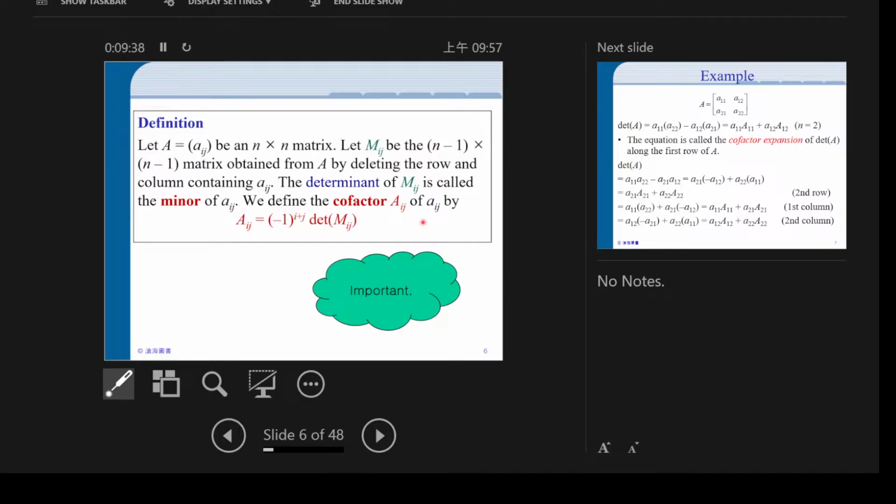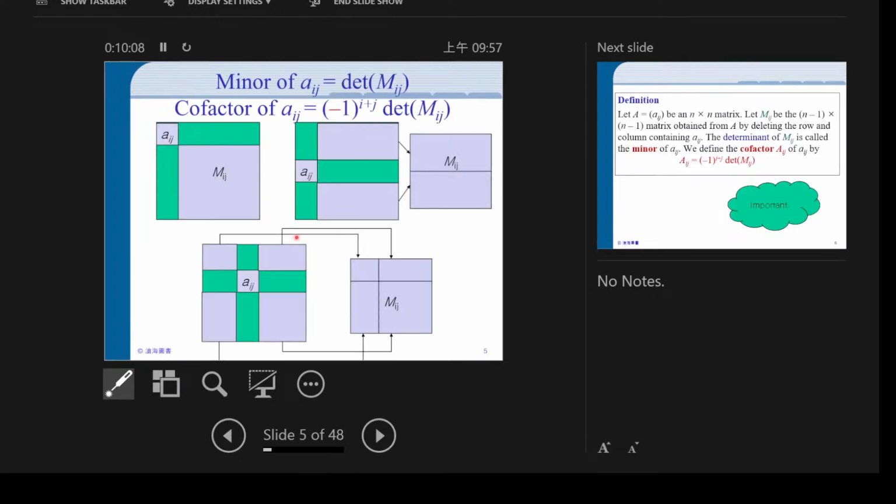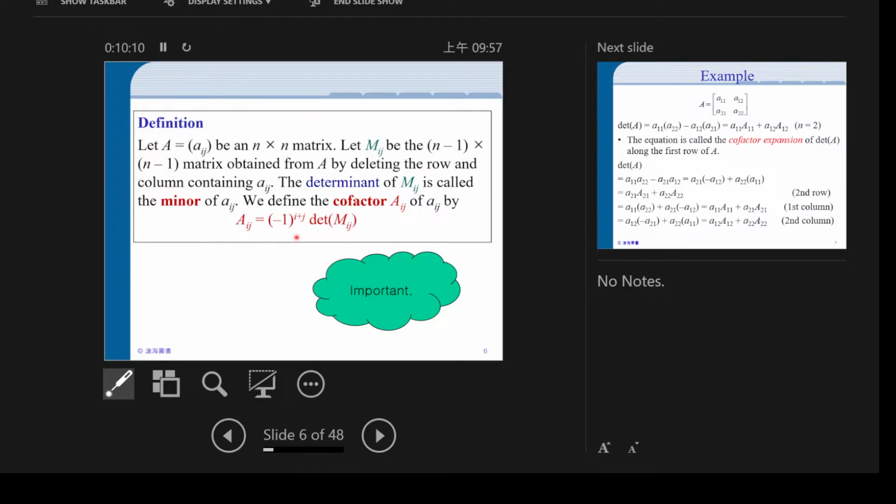And we also define the cofactor of Aij as -1 to the ij times this minor of Aij. You see that the minor and the cofactor are really similar things. The cofactor is just the minor times some -1. Okay. And let's see this really cumbersome example.